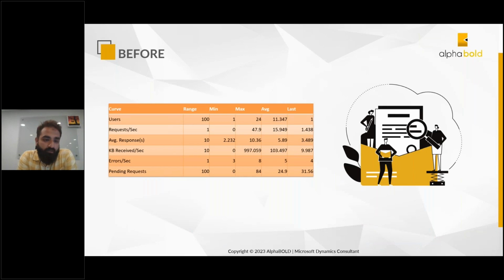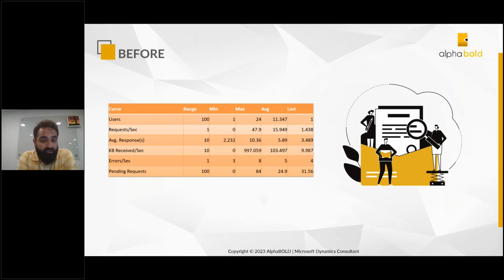All right, so talking about the client for which we did the performance testing, we analyzed each and every graph, and then we summarized the results into tabular form so that it can be easily understandable to the client. If we talk about the users, the range was 100. The minimum was 1 user on the system, and the maximum was 24 users in parallel.